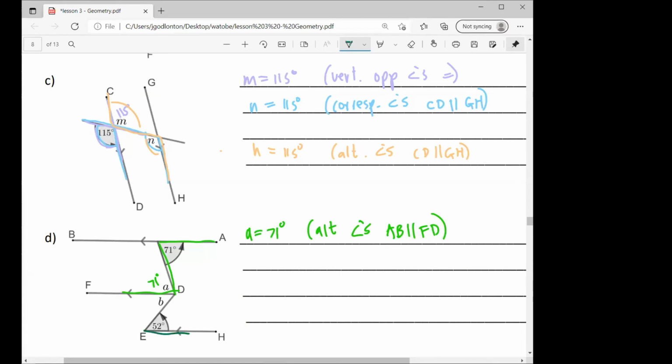Good. B is 52, also because of alternate angles, but now our parallel lines are FD and EH.